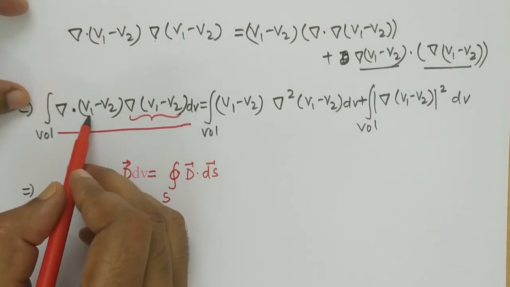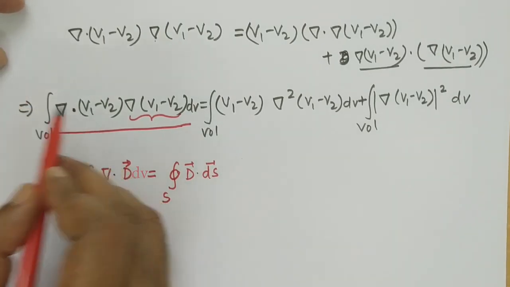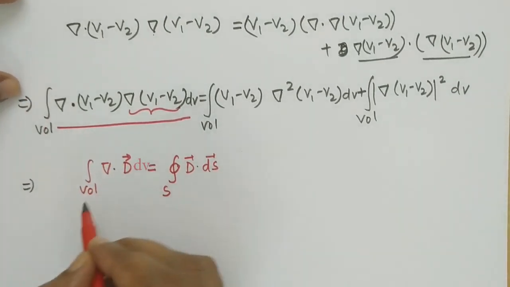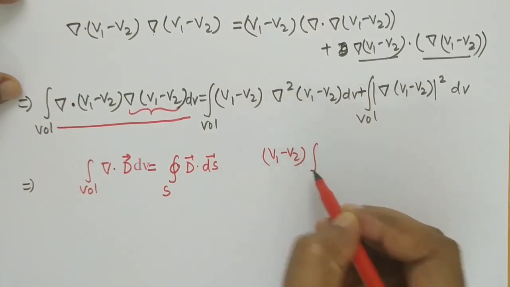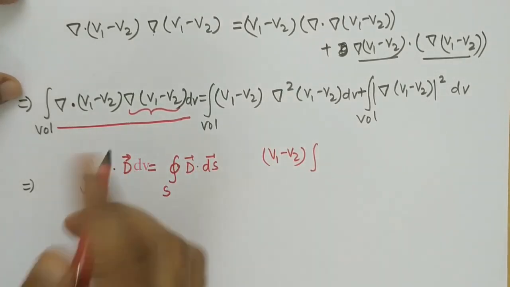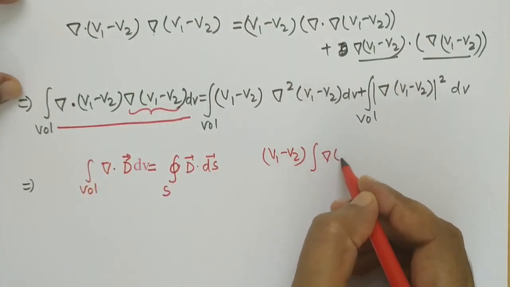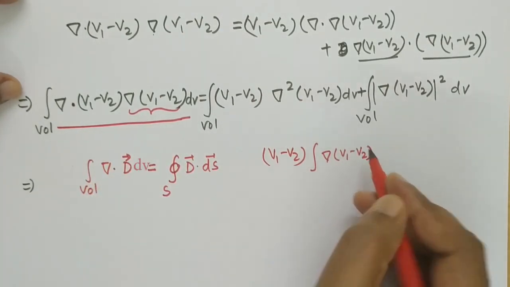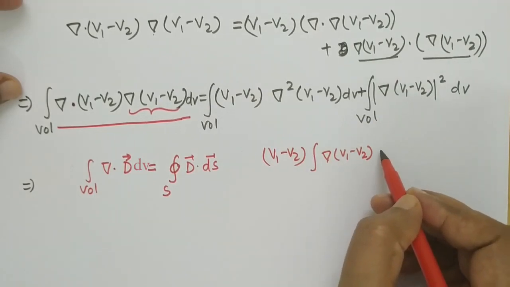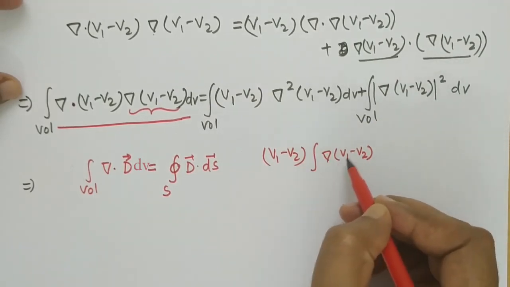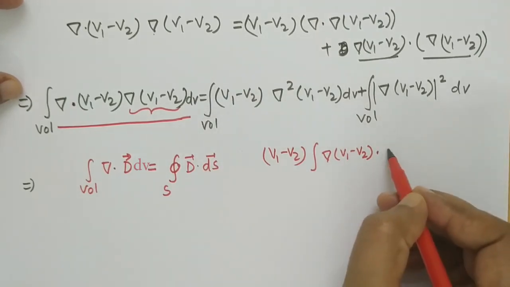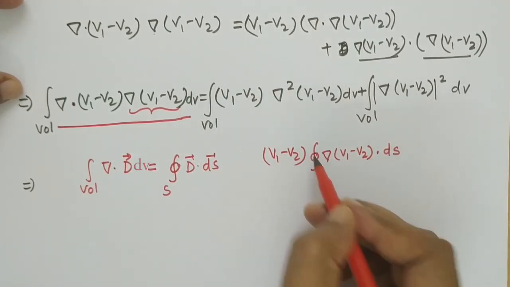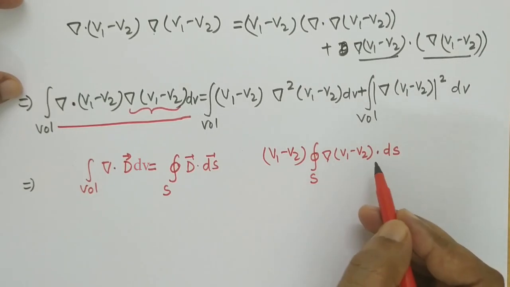So in this case we have v1 minus v2 as a scalar, we can take it out, and inside we have del v1 minus v2, then we have dv. So del v1 minus v2 is the function dot ds. So volume integration is converted into surface integration, and this will be for the closed surface.